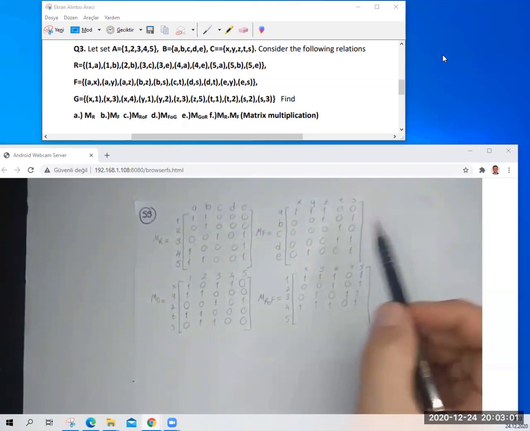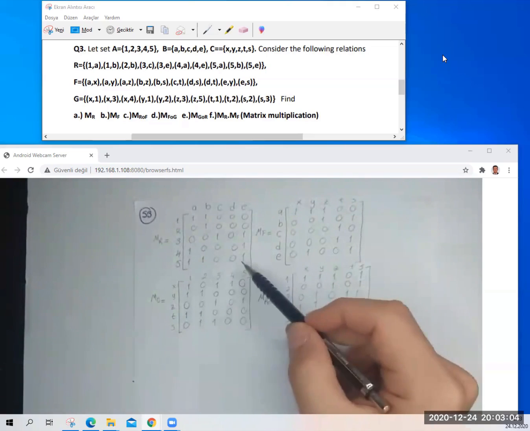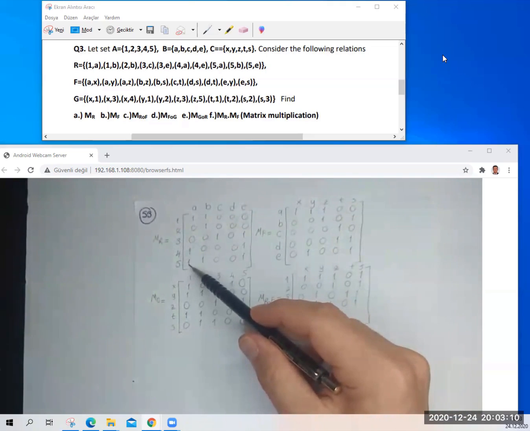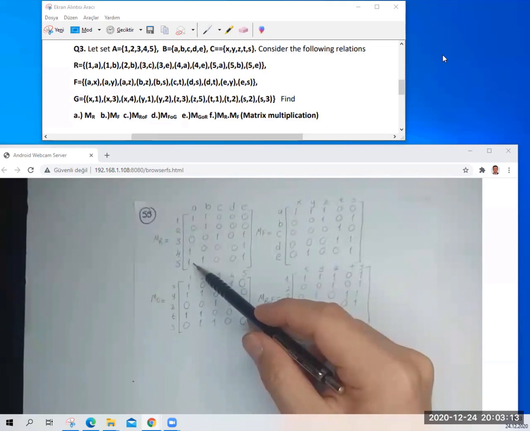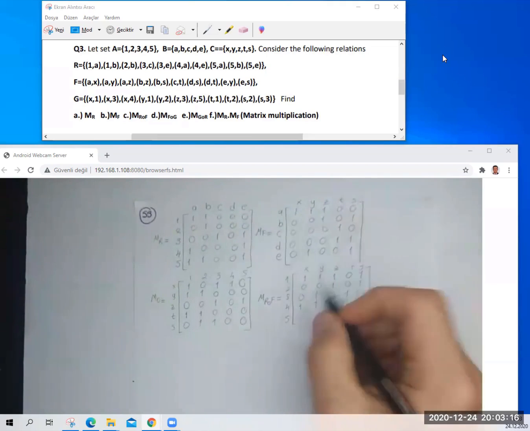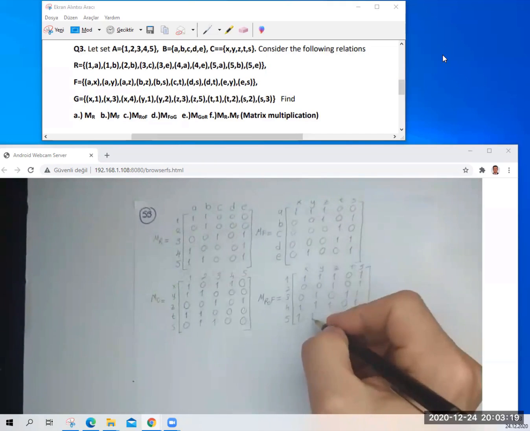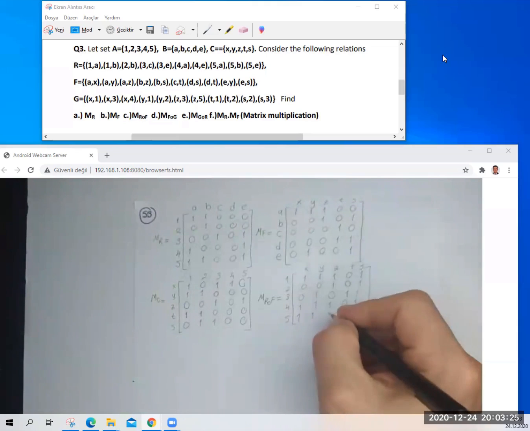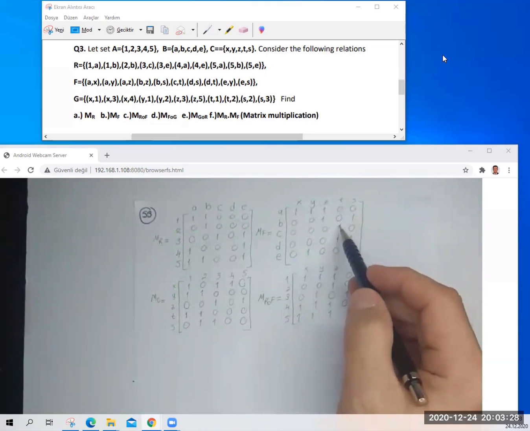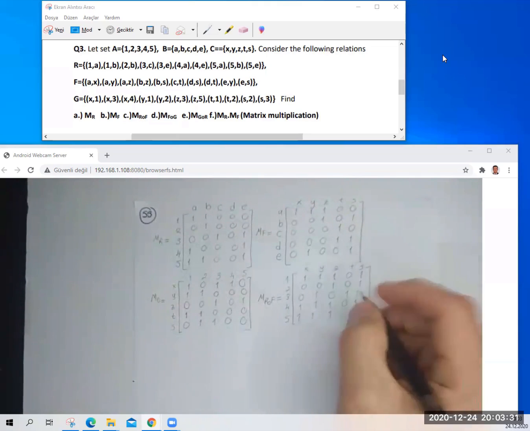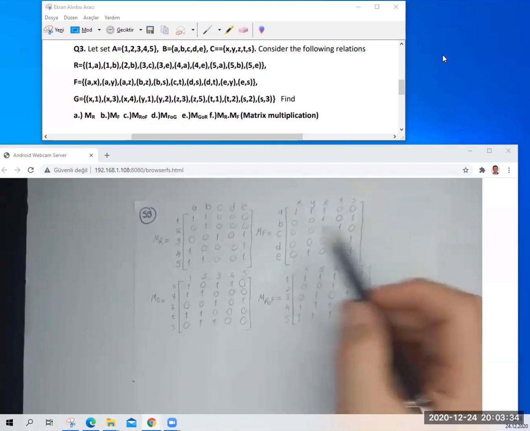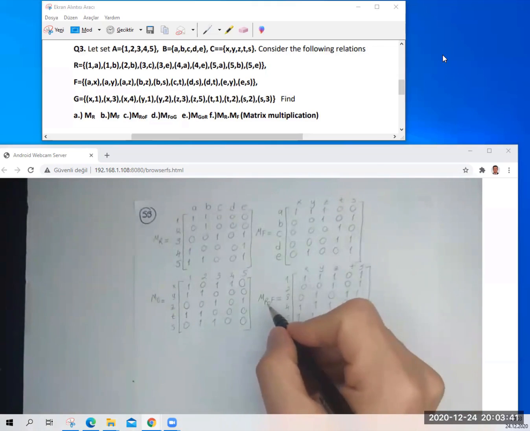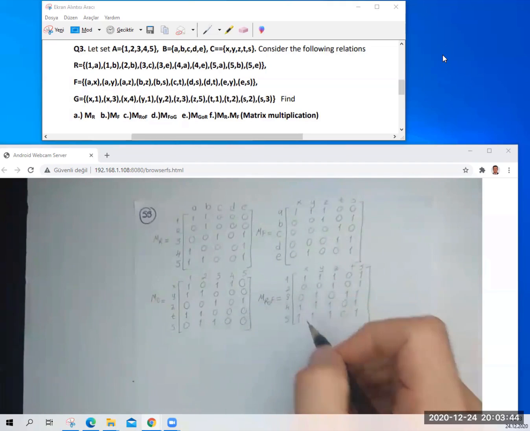For the last row, I will take again the multiplication with the last row of the relation matrix R. 1, 1, 1, again 1. I won't check the rest, there is the 1, that's enough, and 1, and see, is there any matching for ones? No, here is the 0, and last one 0, 1, yes, there is the 1. So this is my composition relation matrix from R to F.